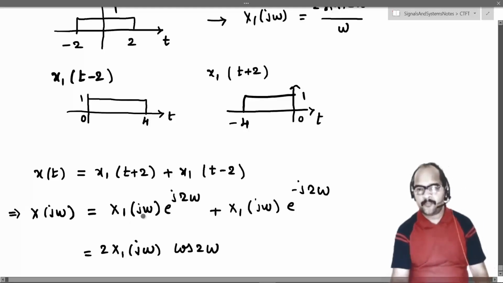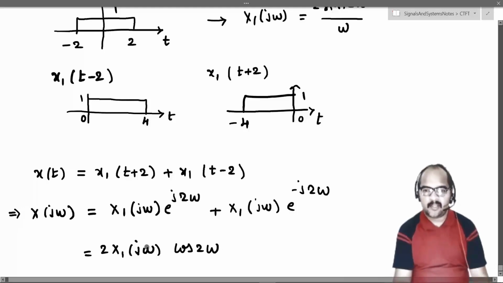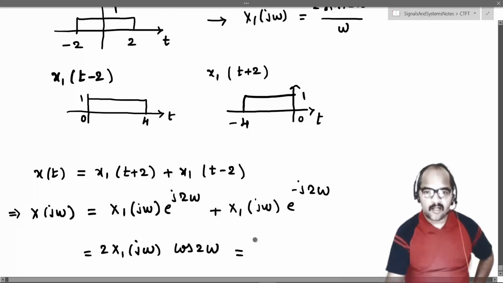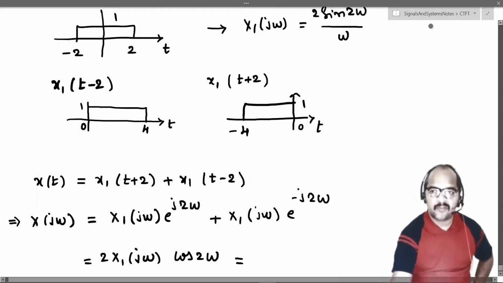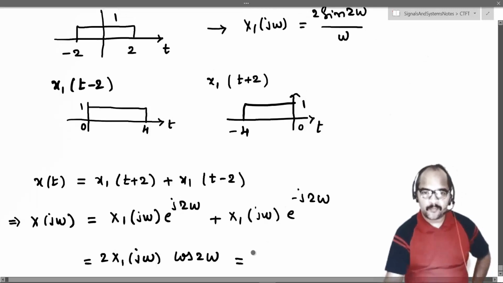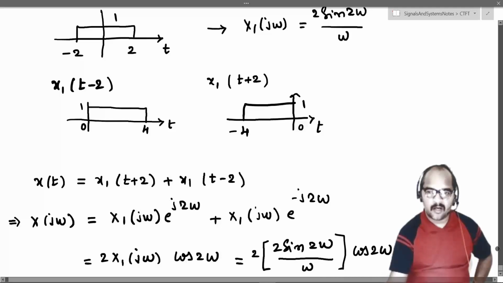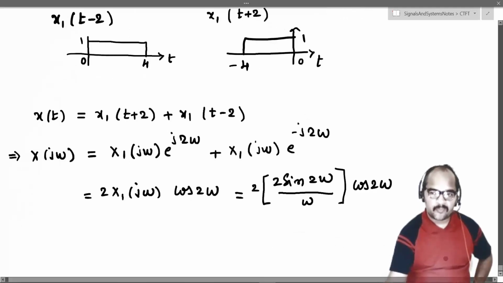Because x1 of j omega is common, e power j theta plus e power minus j theta is 2 cos theta. So let us substitute x1 of j omega: 2 multiplied with 2 sine 2 omega divided by omega, multiplied with cos 2 omega.